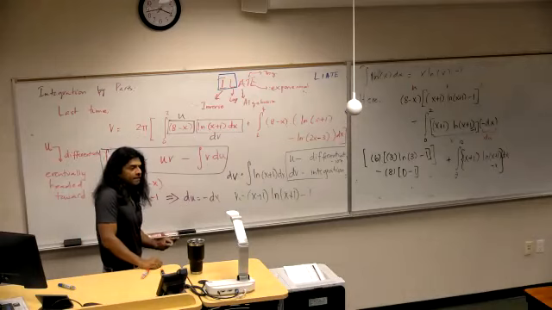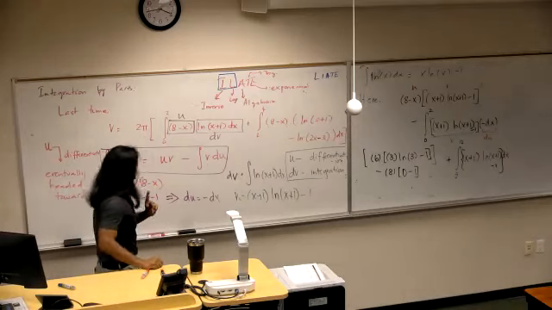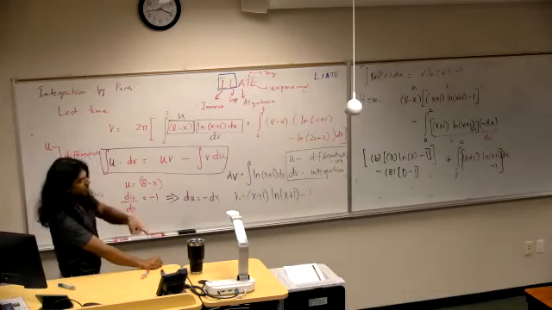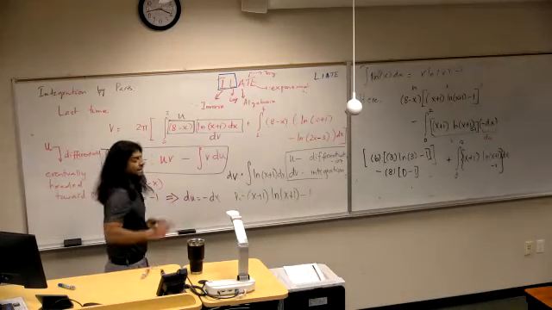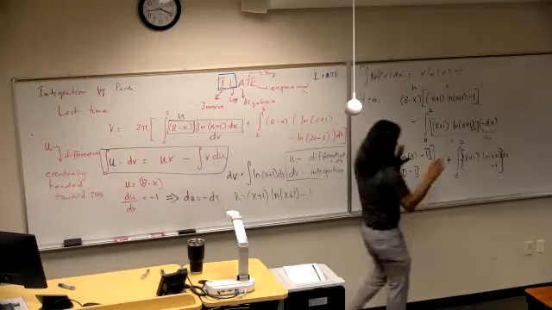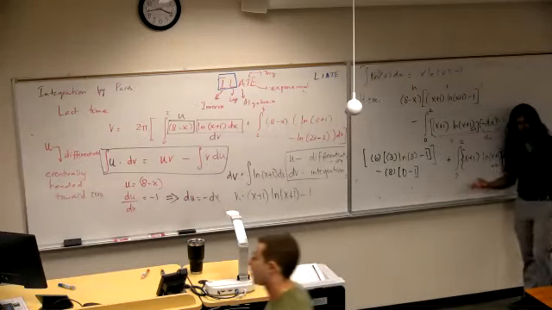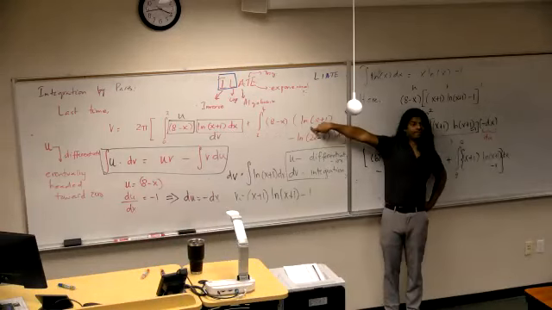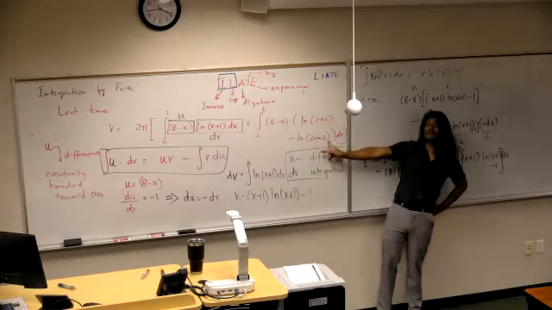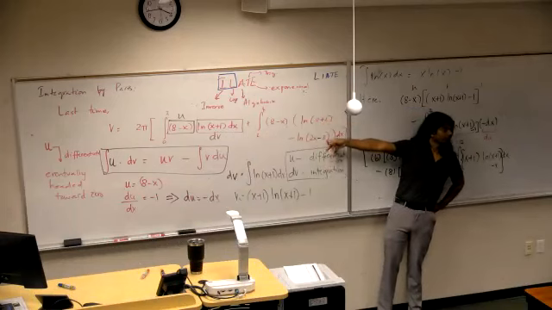A problem like this, I don't want you to keep doing over and over again, because it will never end. This particular problem is going to end in a complex integral. Imagine applying this over there. It will take forever. Agreed?